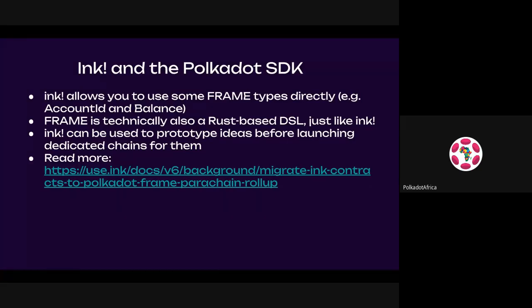If we're using another programming language, like Solidity, which was just introduced to Polkadot, you won't have native access to these types. But using ink, you would have access to these types, and this will make your life easier. You don't have to start creating types from scratch, and you don't have to worry about security and all that.